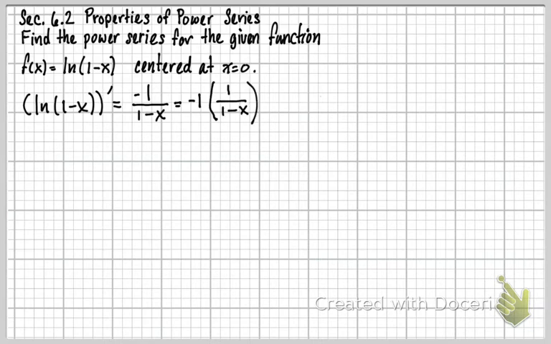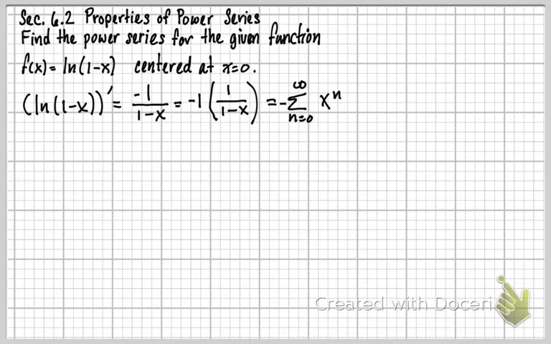Now I get exactly that. So I can say that the derivative of my function that I have to begin with is actually equal to the negative series from 0 to infinity of x to the n, which is pretty cool.